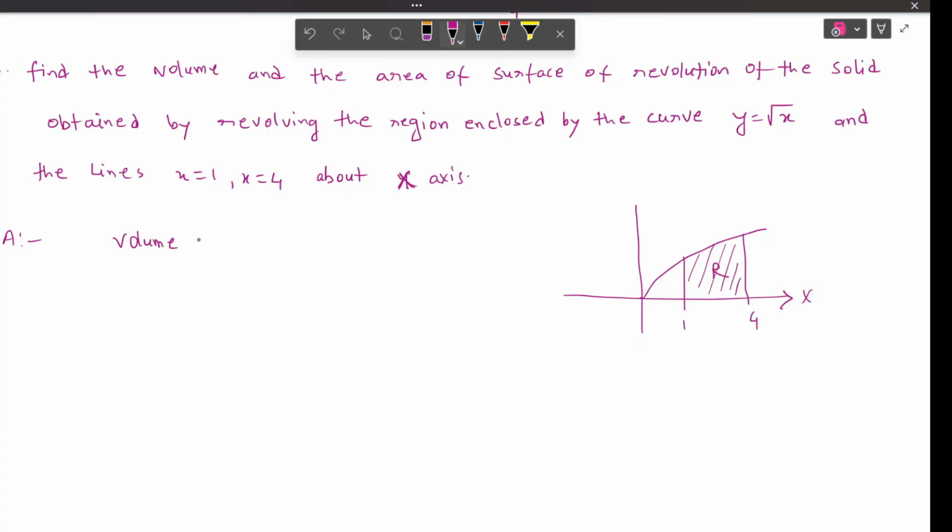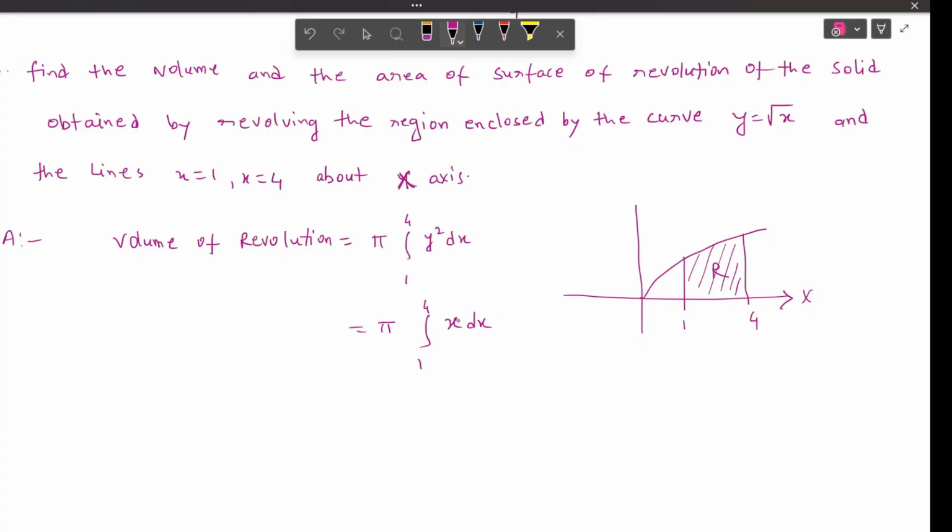So what would be the volume of revolution? This would be pi integration 1 to 4 y square dx. Integration 1 to 4 y square, that is root x square, it would be x dx.